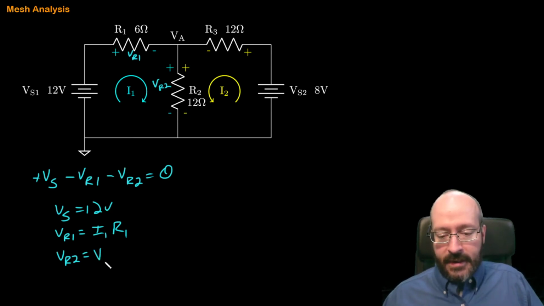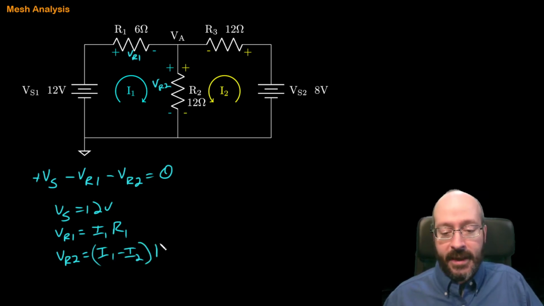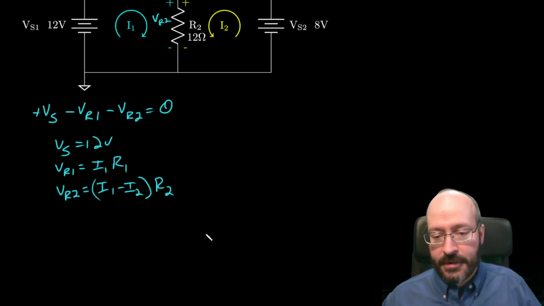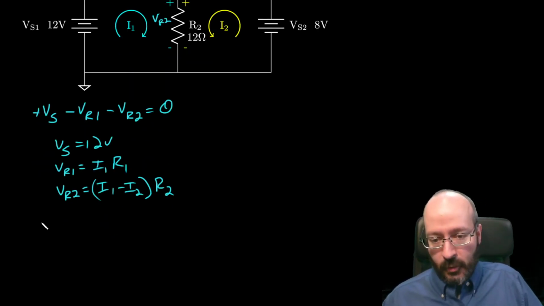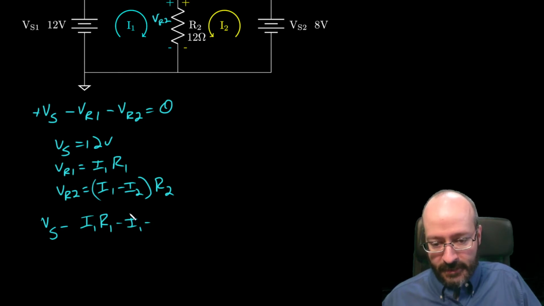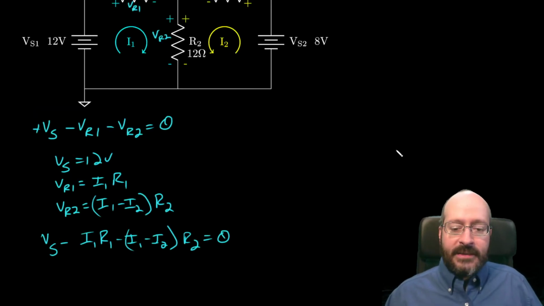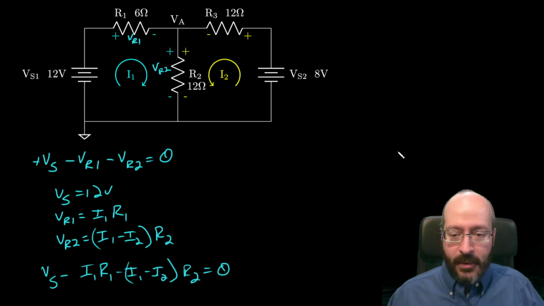I1 flows in the positive direction, I2 flows in the negative direction, and we multiply by R2. Do some substitution in order to make this all work. VS minus I1 R1 minus (I1 minus I2) R2 equals 0. Okay, getting closer there. That's our KVL for the I1 mesh.